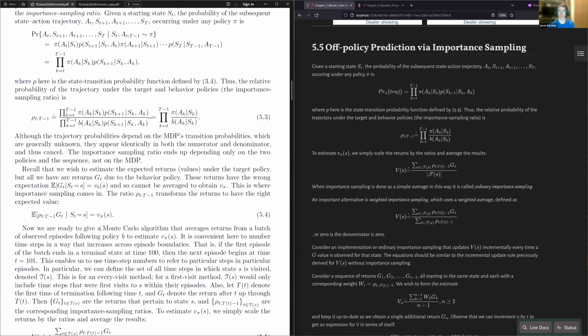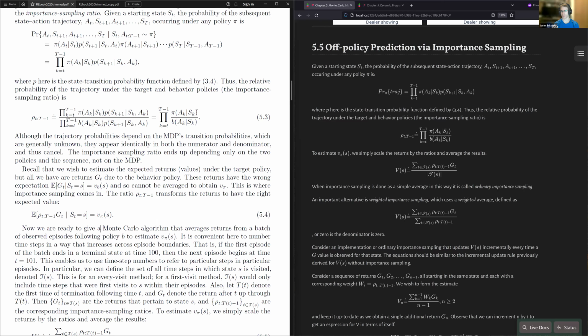That should make some sense, because the G that we calculate is based on all the observed rewards to the end of the episode. If something happens at the end of the episode that does not represent the target policy at all, a 0 probability action, then we shouldn't use that data at all.